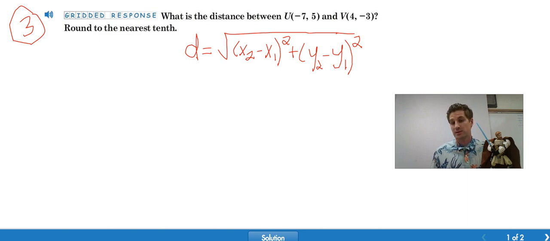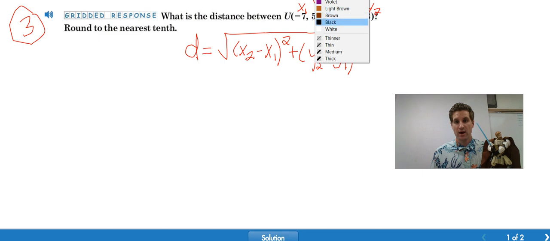The order really doesn't matter as long as we keep it consistent, with the x2s in the front spot and the x1s in the back spot, or vice versa. So I'm going to label these x1, y1, x2, y2. And all we have to do is plug it in.